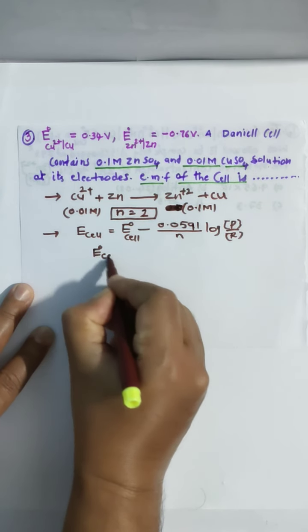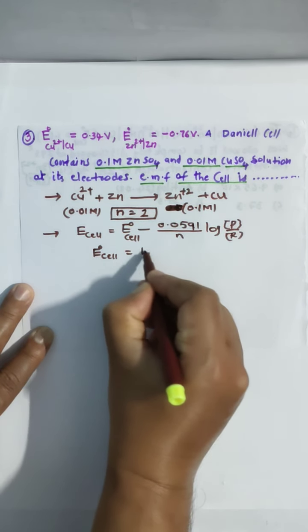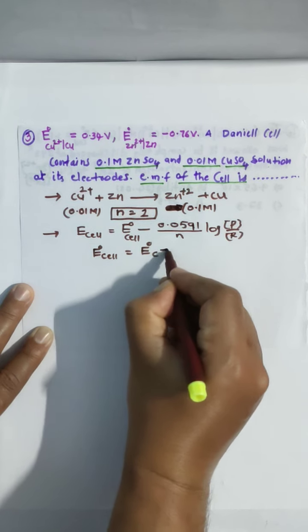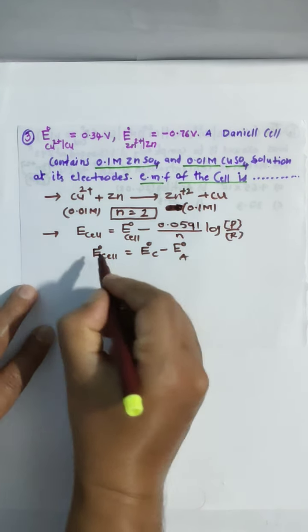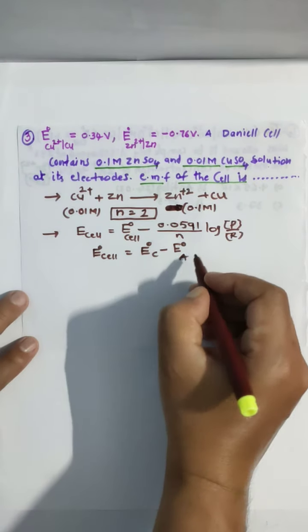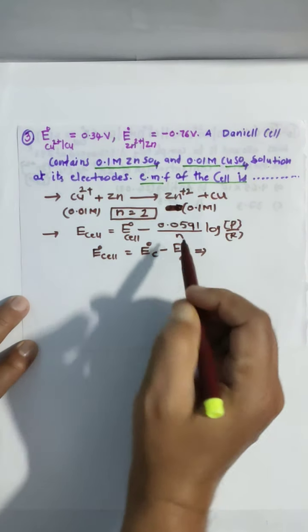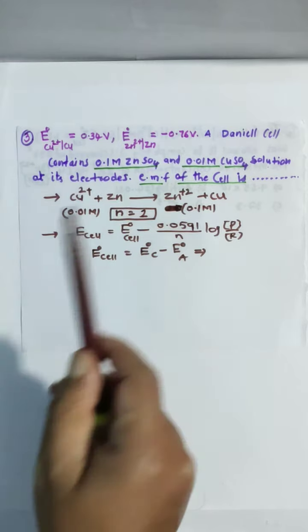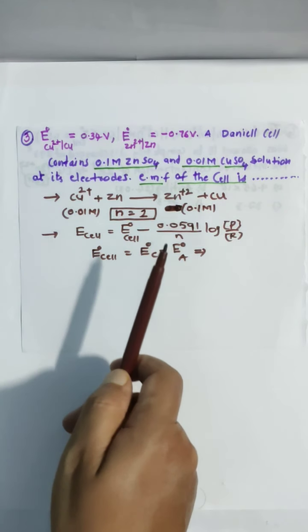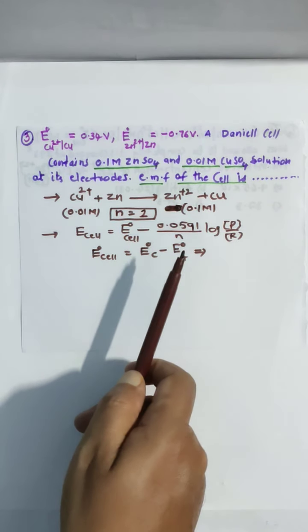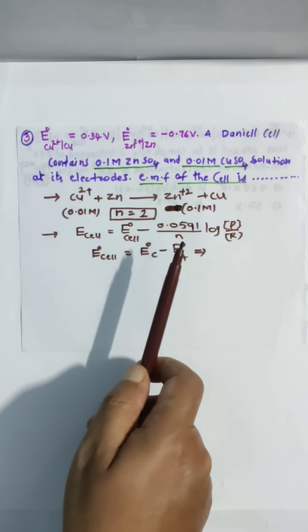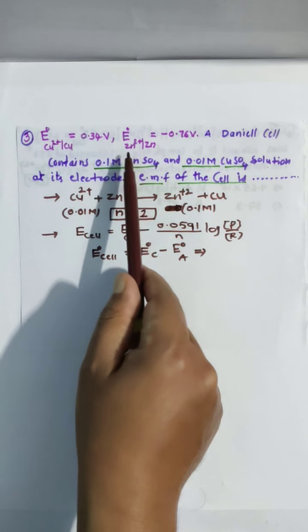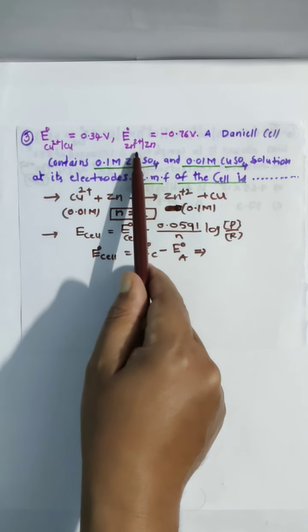E naught cell equal to, as we previously calculated, E naught cathode minus E naught anode. Cathode means you have to remember reduction. Anode means oxidation. Oxidation means loss of electrons. See here, zinc lost electrons, so oxidation, anode.